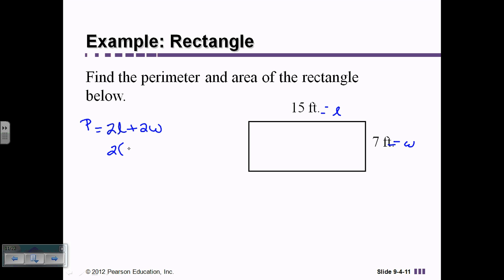And substitute that information in. So 2 times 15 plus 2 times 7 gives you 30 plus 14 is 54 feet. Oh, excuse me, 44 feet. Just added wrong.